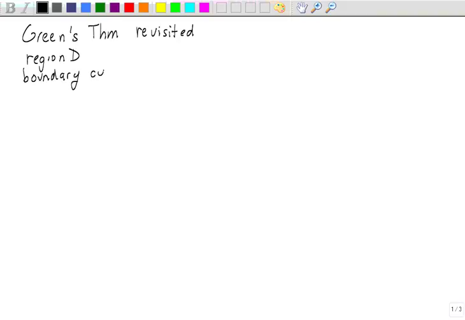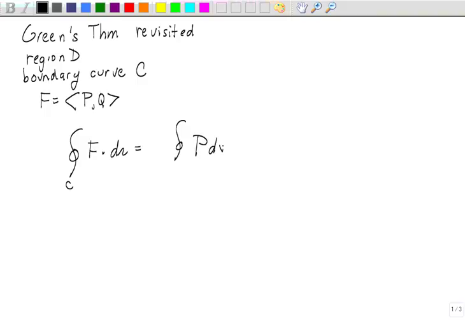Okay, let's go back and talk about Green's theorem. You have a region D, the boundary curve C, and F's components are P and Q. We know the line integral around the curve of F dotted with dr is P dx plus Q dy.